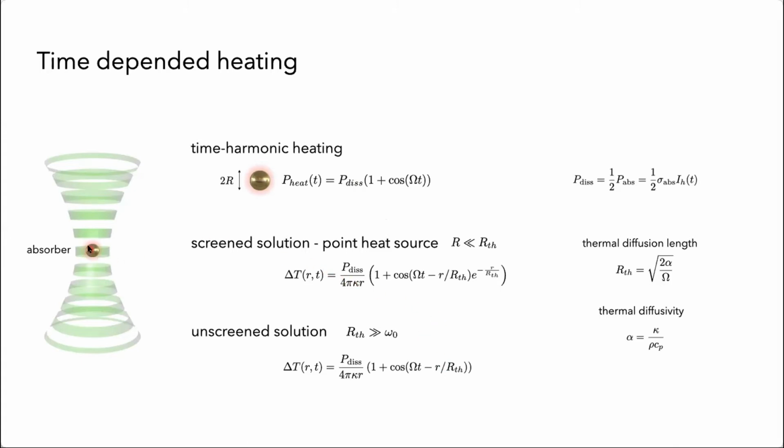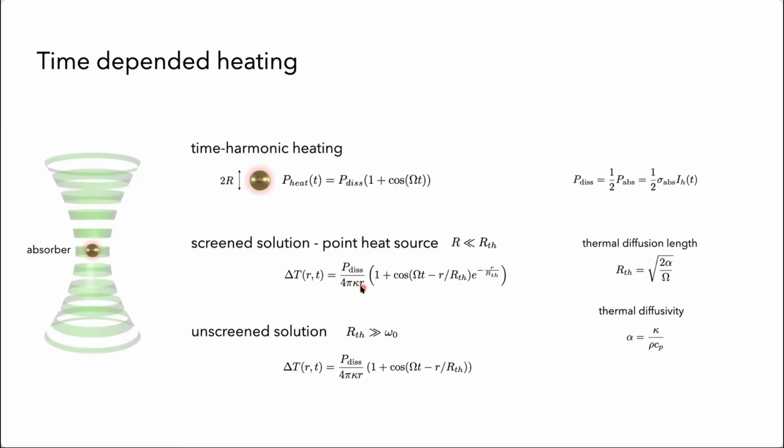So what you then get is, of course, the heat diffusion into the environment, and it creates a time-dependent and spatially dependent temperature field. If you look at just the point heat source, where the heat source is really tiny as compared to the thermal diffusion length, which is defined here on the right side, I'll say a few words to that, then you see this kind of temperature rise in the environment.